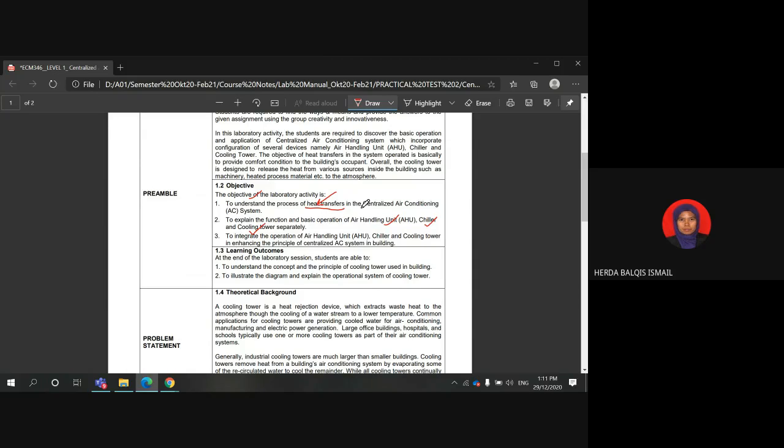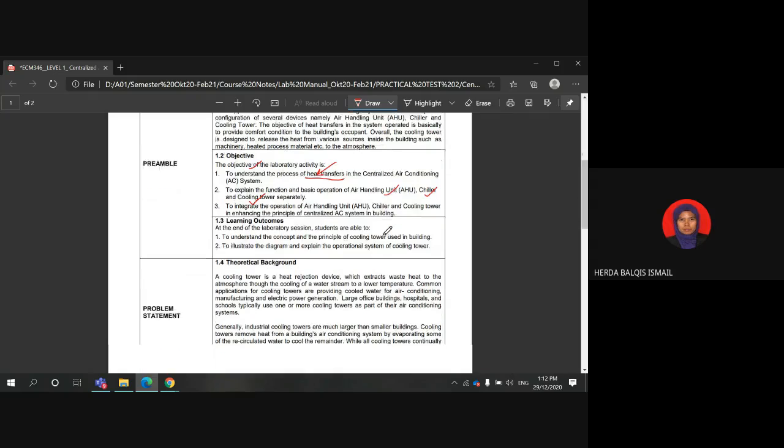What are the main components that need to be used to assemble this cooling tower? I have attached aids to explain these three components, these three devices or systems, in the Microsoft Teams. So you can watch the YouTube video which I attached in the Microsoft Teams in order to get more information on this particular system.